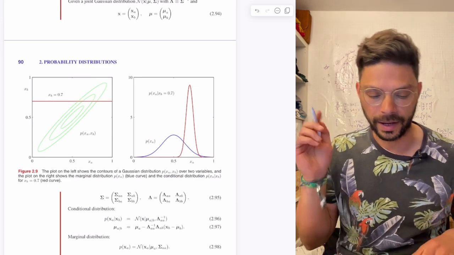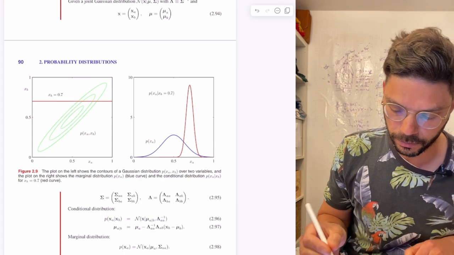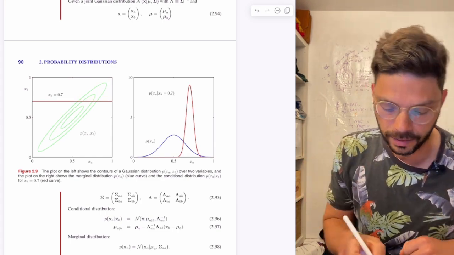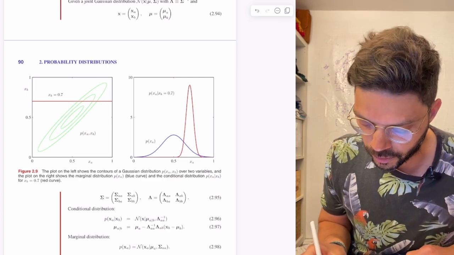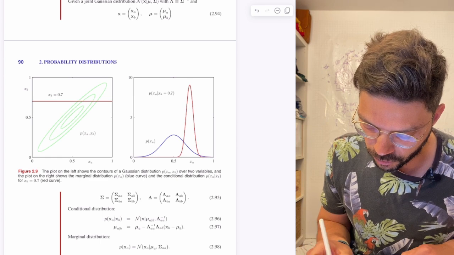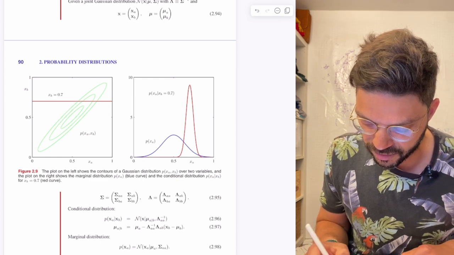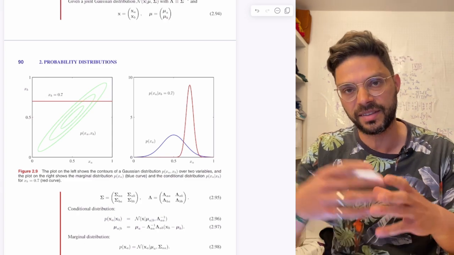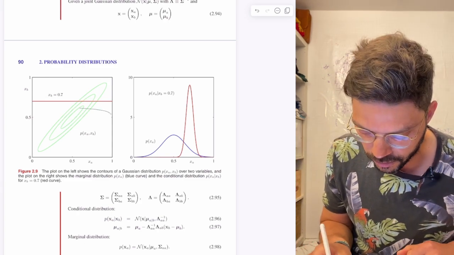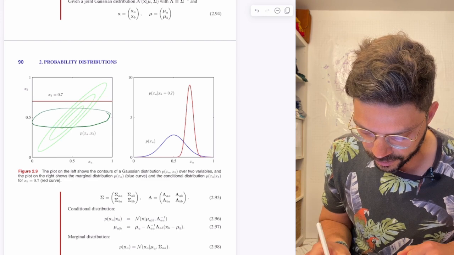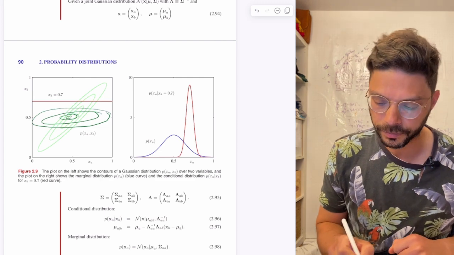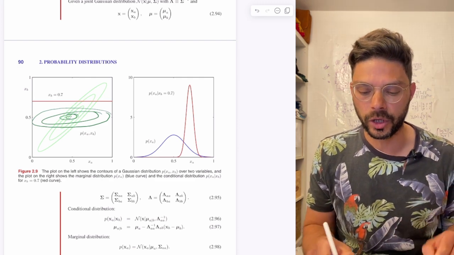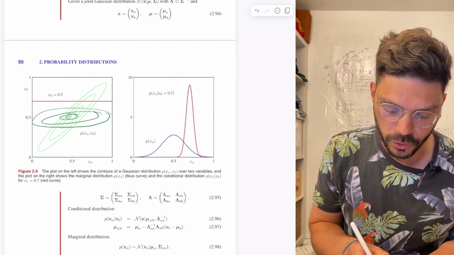An interesting thing to notice is what would happen if they're independent. Then we would have a distribution that looks like this slanted Gaussian, but you just imagine that it's flat. Now conditioning on x of b equal to 0.7, what would you get in that case?